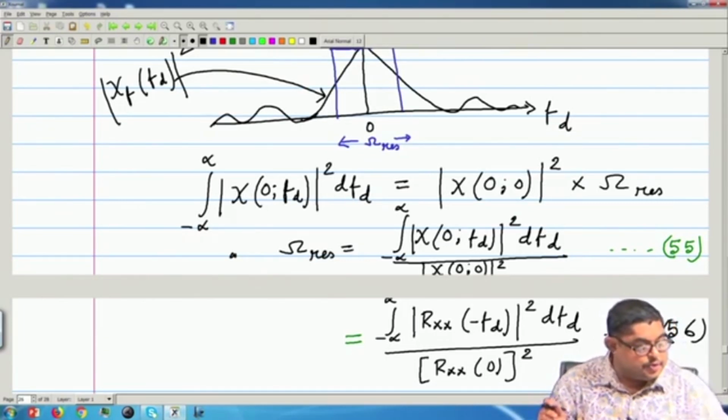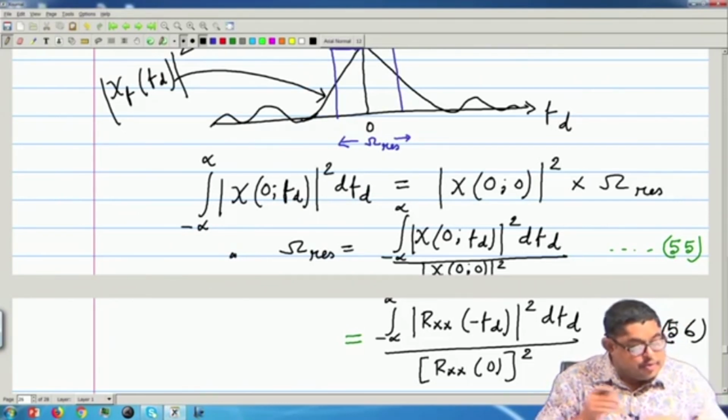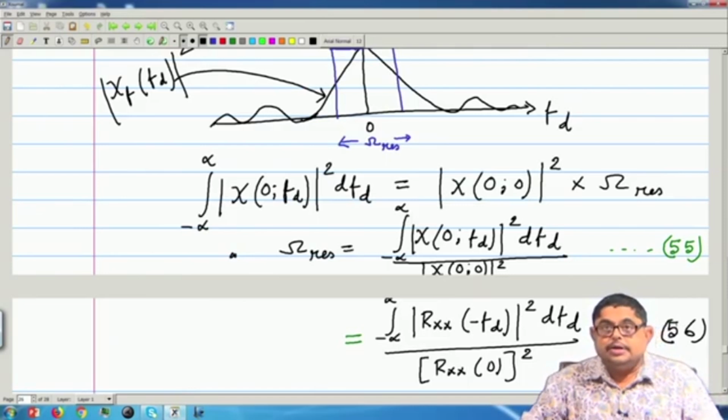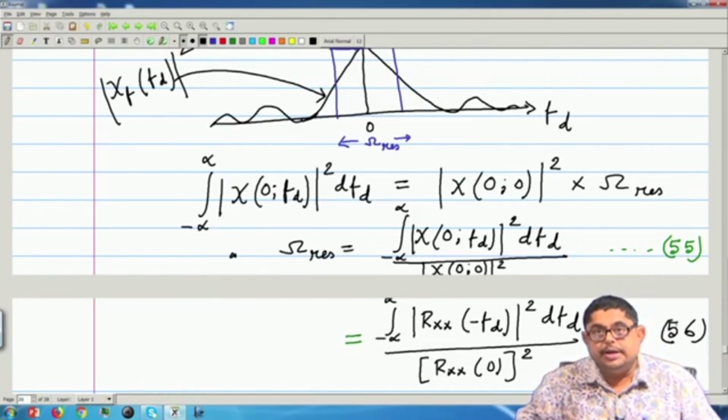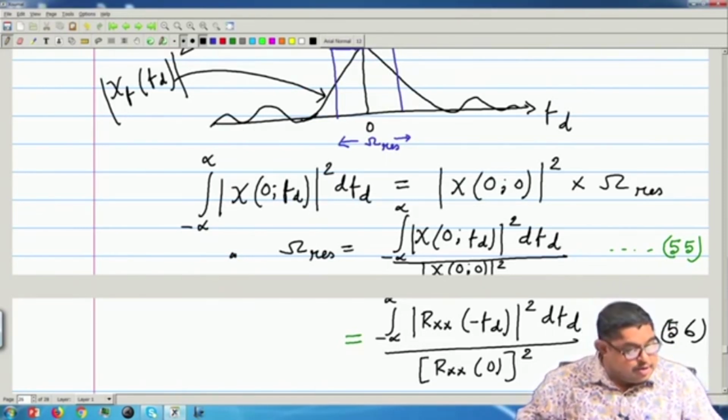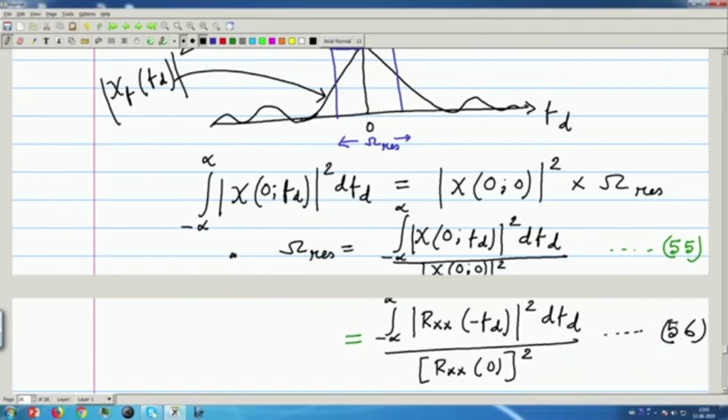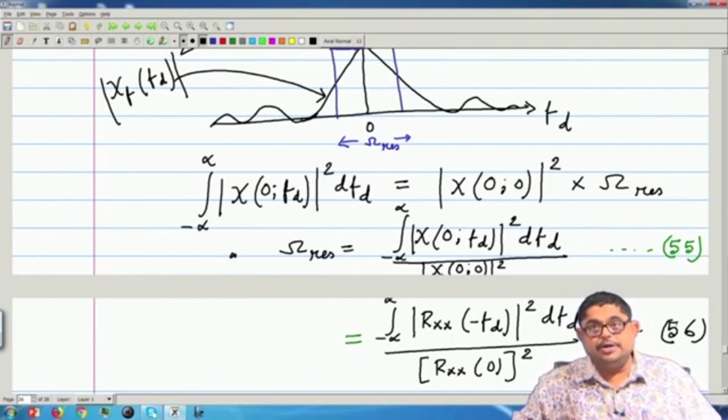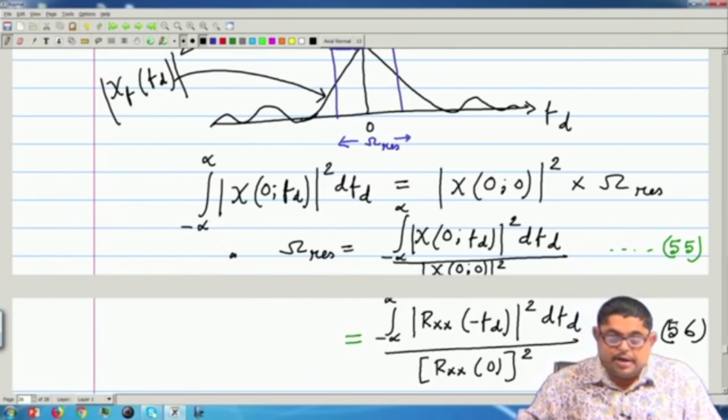Now the question is, instead of doing this, if we can do it in the time domain, that is an alternative one. If you know these expressions from this range and Doppler ambiguity function, then it is okay.